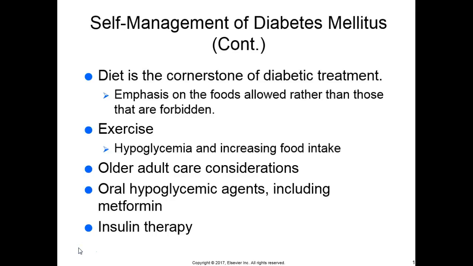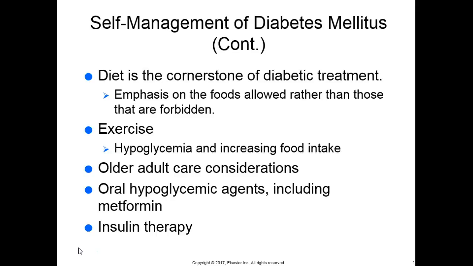Oral hypoglycemic agents are usually prescribed for patients with type 2 diabetes to help manage their glucose levels. They are not a form of oral insulin. Actually, they are a completely different class of medications, and there are several major categories.